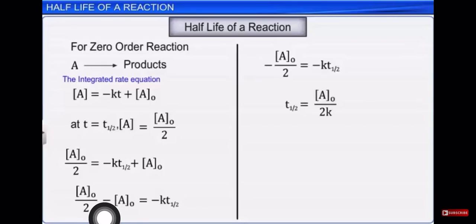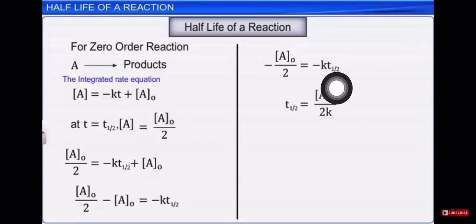Now you see that there is no denominator. So mathematically we get minus initial concentration by 2 equals minus k t half. From this we can calculate the half life time.